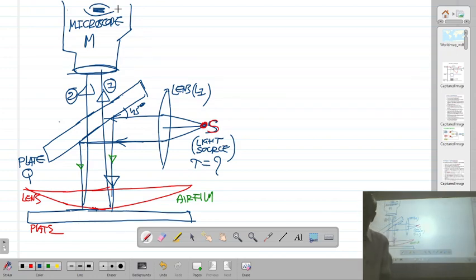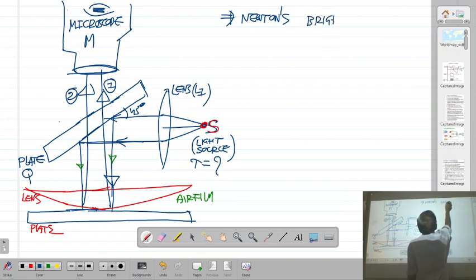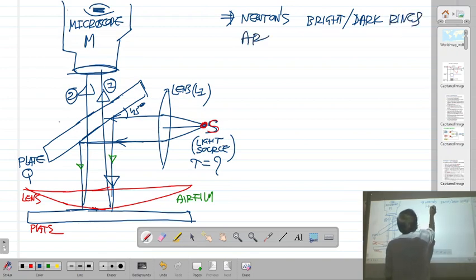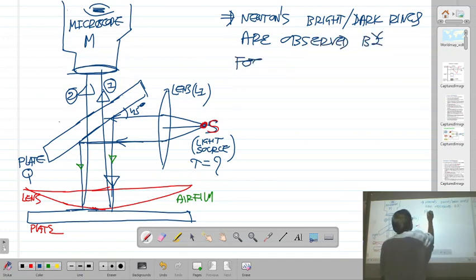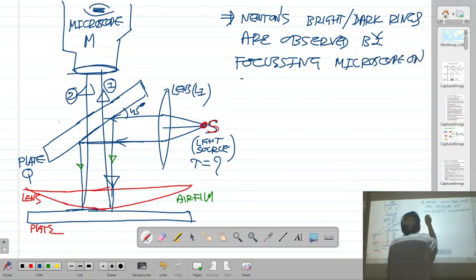Okay, so Newton's bright and dark rings are observed by focusing the microscope on it.